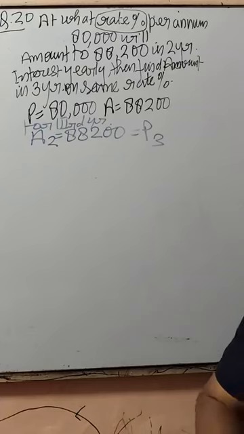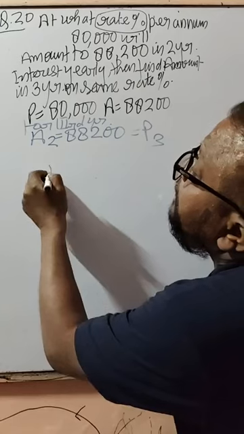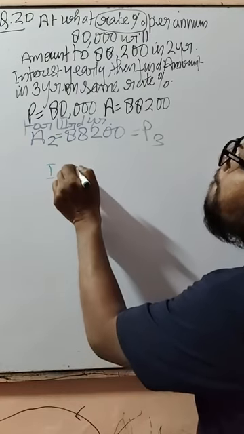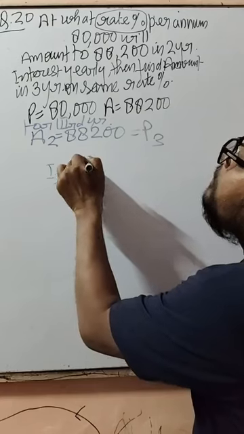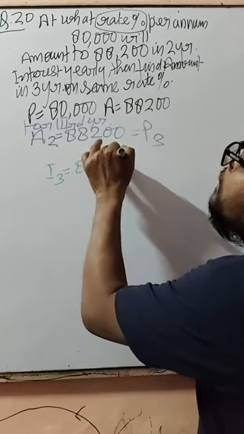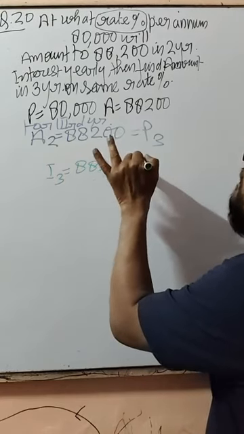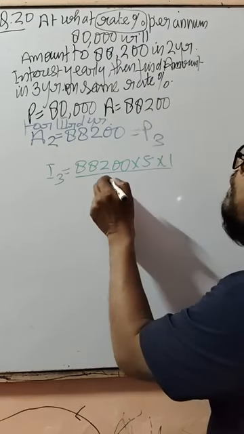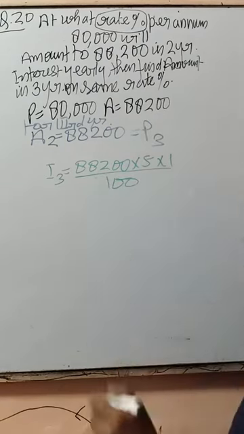right? Now interest for the 3rd year I3 is equal to 88,200 into 5 into 1 upon 100.